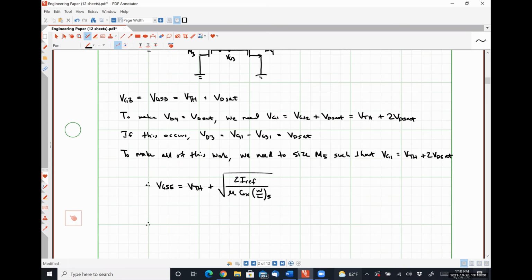Our constraint here is that VG1 is equal to VTH plus twice VDSAT for transistors M1 through M4. And so this is going to be VTH plus 2 times the square root of 2 IREF over mu n Cox W over L for transistors 1 through 4.